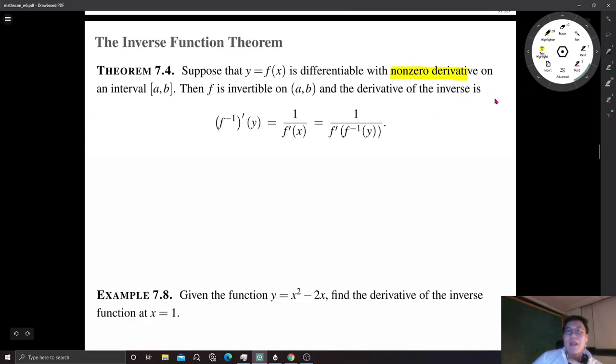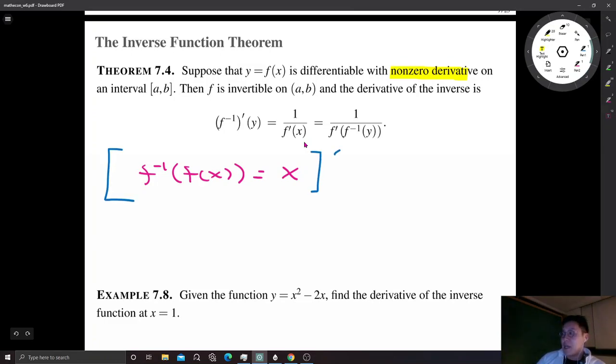And the derivative of the inverse, so f inverse prime, is 1 over f prime. Right? And the way to see this is, remember, the composition of f inverse and f of x is always equal to the identity function. Okay? Now let me take the derivative of this equation with respect to x. And we have the composition on the left-hand side.